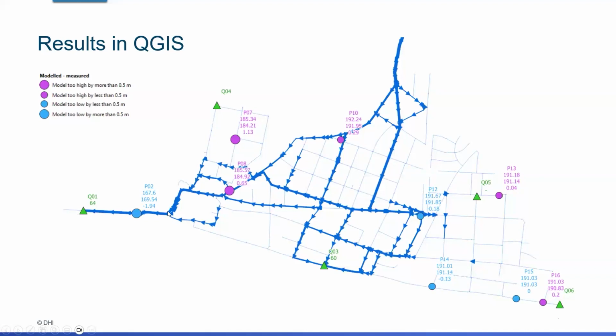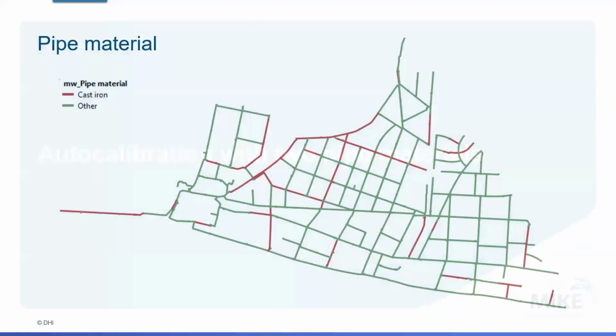But for the exercise, we still want to improve the result, and we want to use 2 different pipe materials. And if you look at the map of materials, you see cast iron here, cast iron there. Here in this section where we have disagreement, there is one of these other materials.